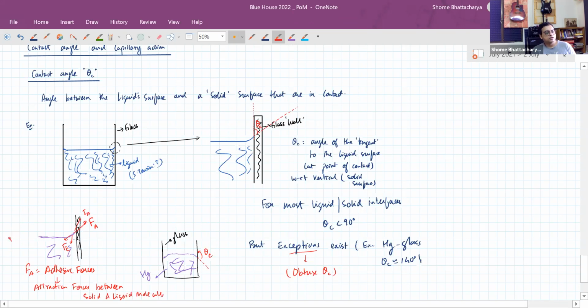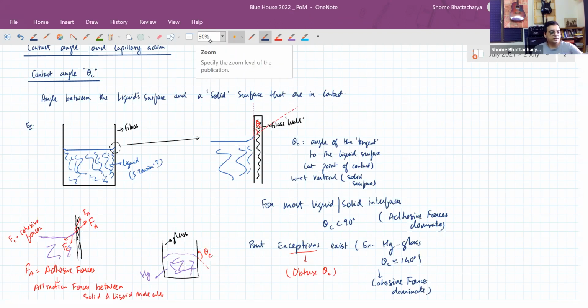And cohesive forces you know already. So most liquids have this situation because the adhesive forces dominate. But certain exceptional cases exist like this one, where cohesive forces dominate. So this is the phenomenon of contact angle.